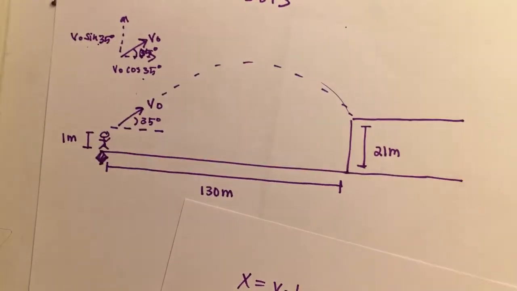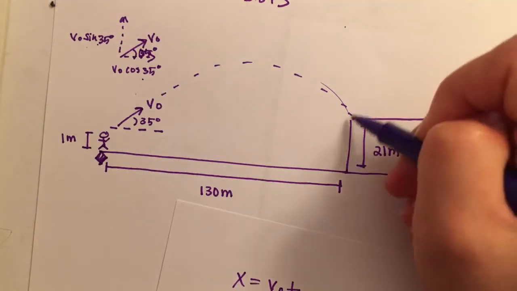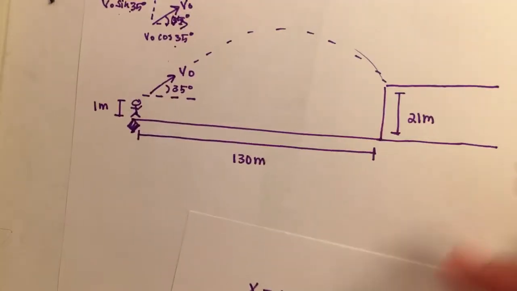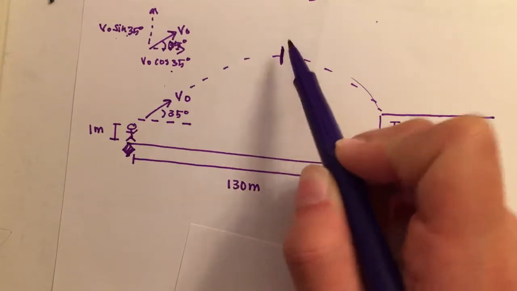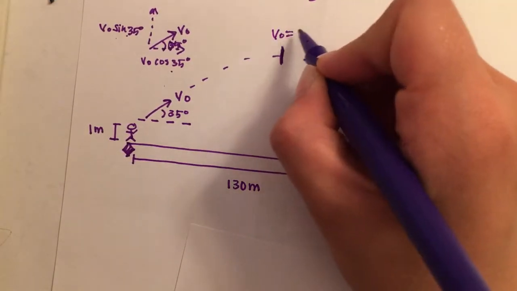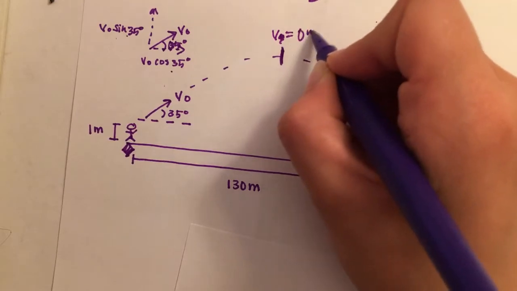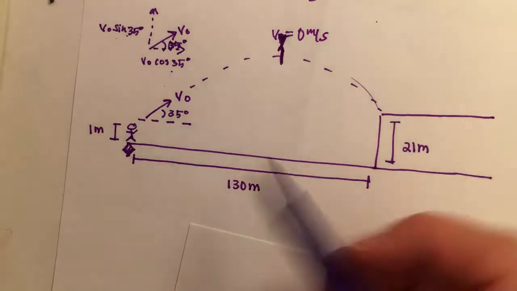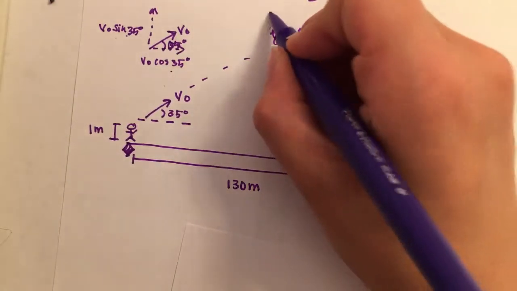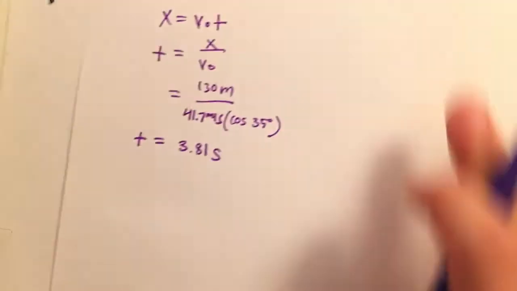To find the speed of the ball when it passes over the top row, we first want to figure out how long it takes for the ball to reach the top of its parabola, where the velocity will be 0 meters per second in the y direction. So, velocity y. Okay, so we will use another kinematic equation.